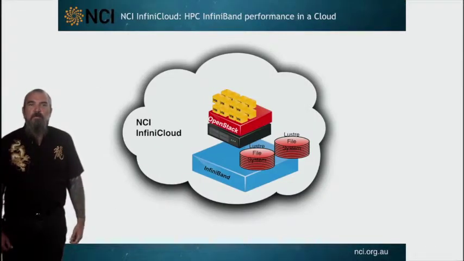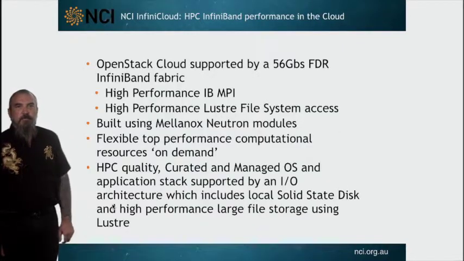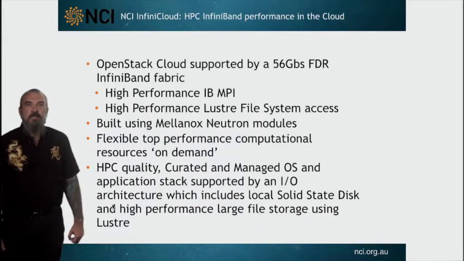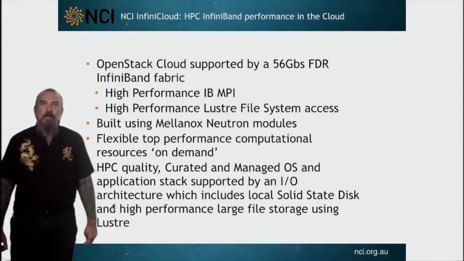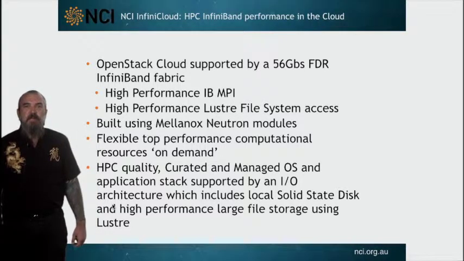So, we've achieved high performance InfiniBand within a cloud, and it's called InfiniCloud. This is an OpenStack supported cloud running a 56 gigabit per second FDR InfiniBand fabric. We have high performance InfiniBand MPI, high performance Lustre file system access.